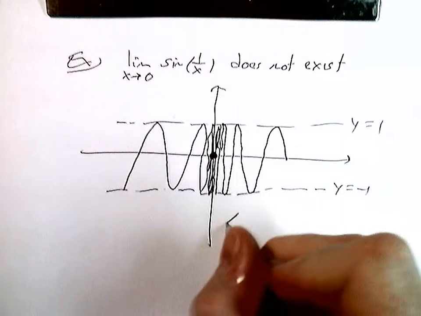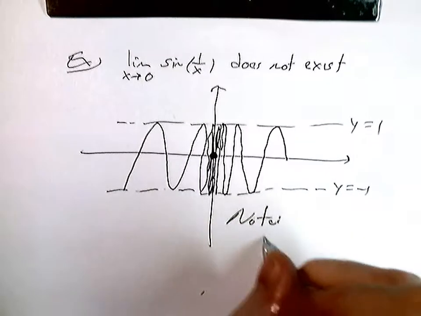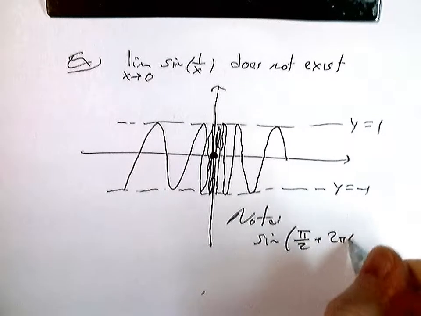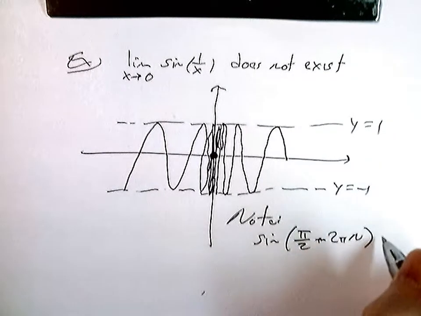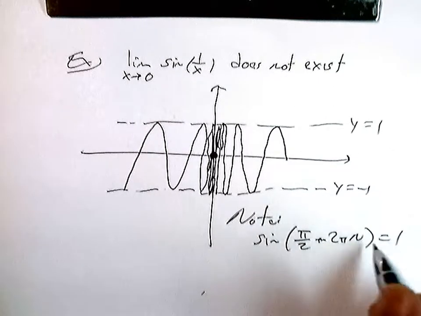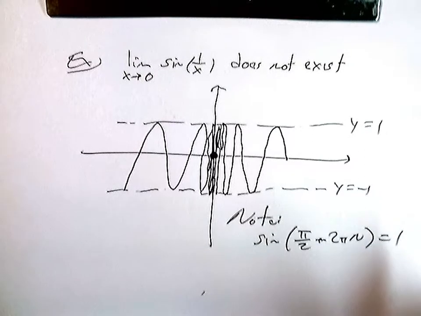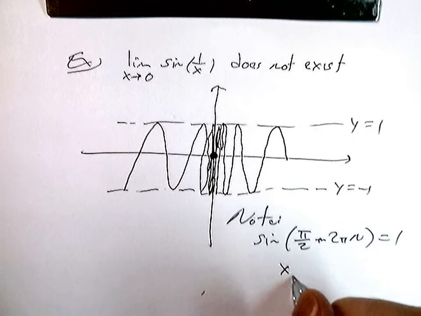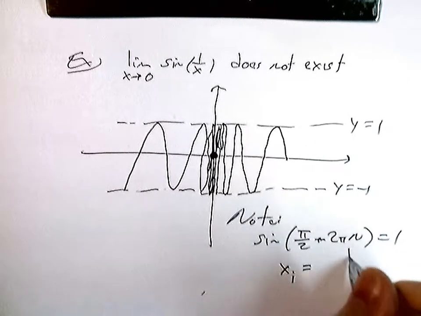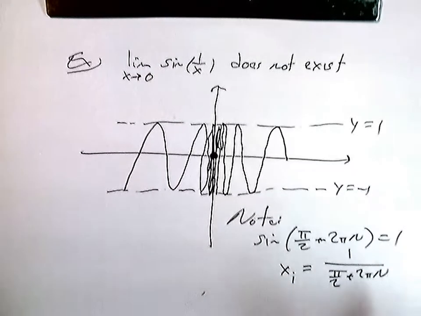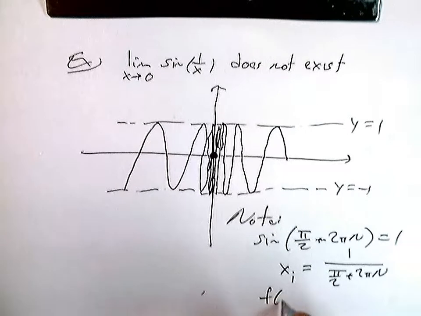You can just note here, if you like, that the sine of pi over 2 plus 2 pi n is 1 for n being 1, 2, 3, 4, etc., because it's periodic. And so here, if I let my x sub n be 1 over (pi over 2 plus 2 pi n), then f of x sub n is 1.